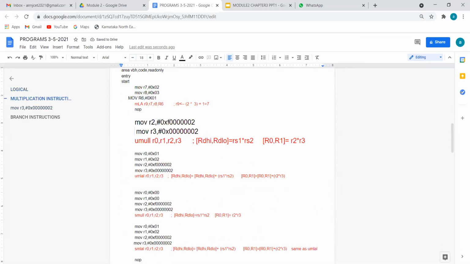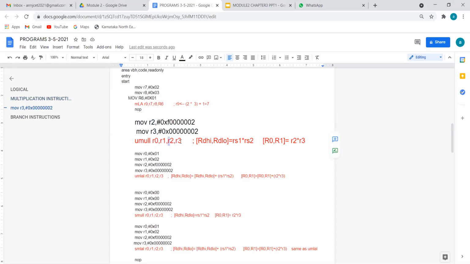Okay, this program I have already explained in the lab syllabus. So there are two numbers, F, 6 zeros and 2, and another number, 7 zeros and 2. So multiplication. Okay, so normal multiplication, long, unsigned. So here what happens is RS1 into RS2. What is RS1? R2. RS2, R3.